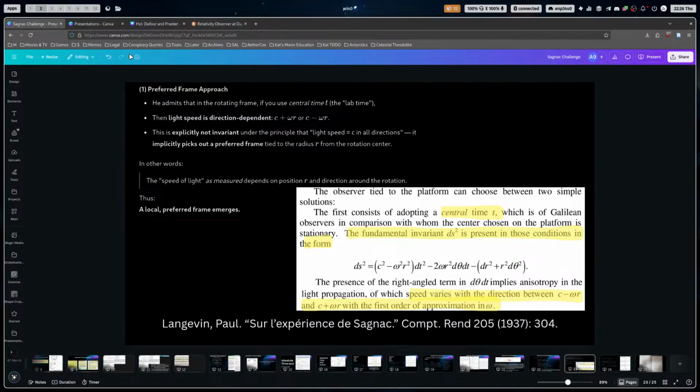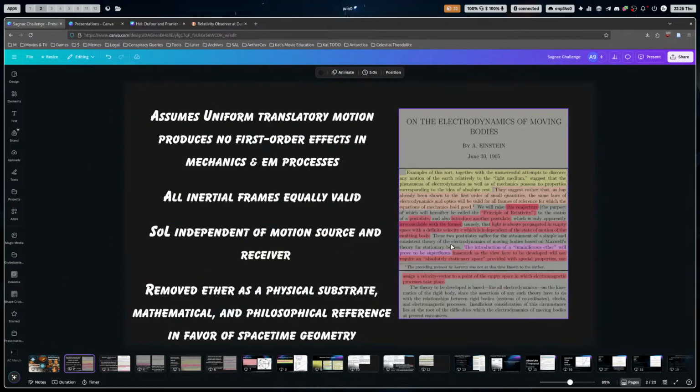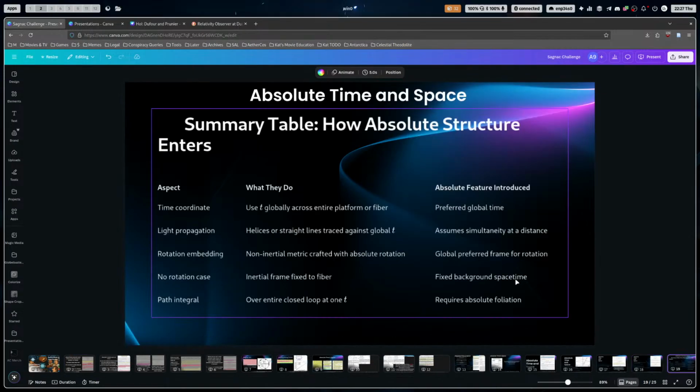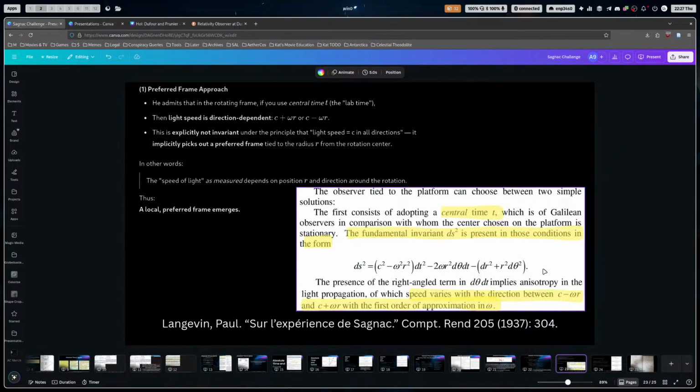That is not what the theory predicts. This is a mathematical treatment that violates this section right here, nor assign a velocity vector to a point of empty space in which electromagnetic processes took place, which is exactly what old Langevin has to do after, of course, borrowing time from our friend, the lab.